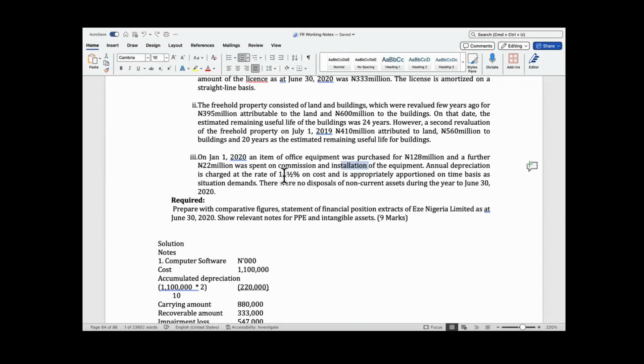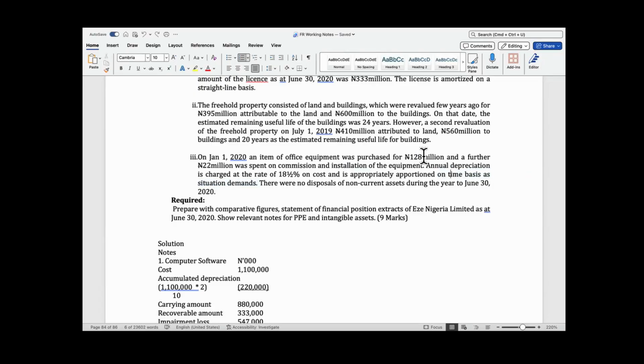Annual depreciation is charged at 18.5% and is appropriately apportioned on time basis as situation demands. So this one is saying that when you want to calculate depreciation for the year, you will need to do some proration if the asset is acquired during the year.